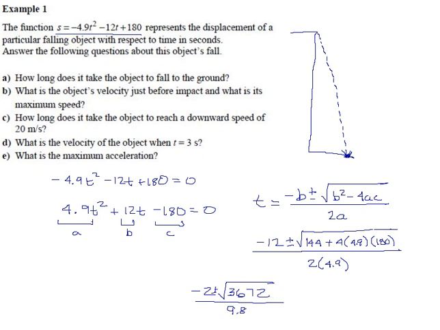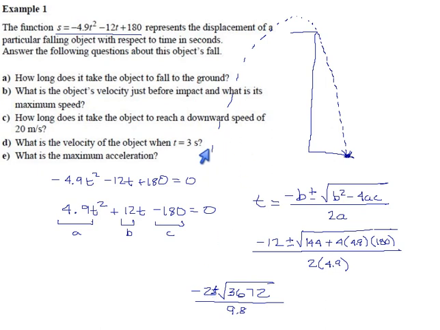Now, this says plus or minus, which normally means we're going to get two solutions, but one of those solutions comes from the left side of the parabola. It's way in the negatives, and it assumes that this object has been following a parabolic track even before it was thrown, which doesn't make a lot of sense. So I'm going to ignore the negative answer.